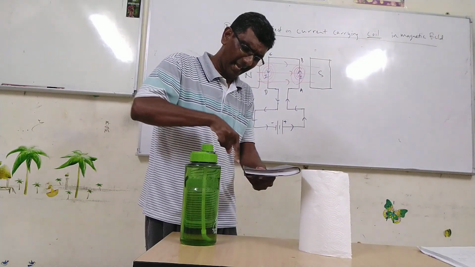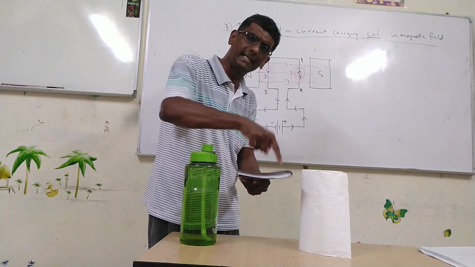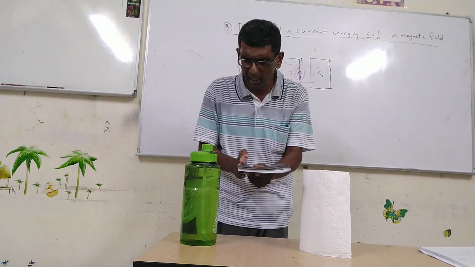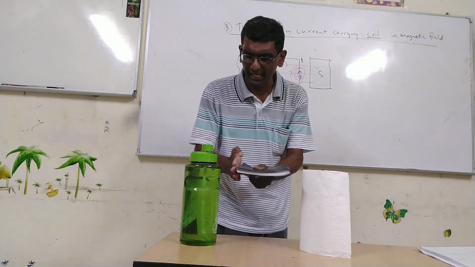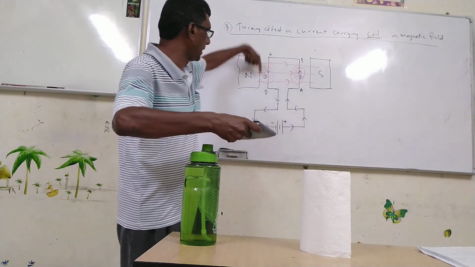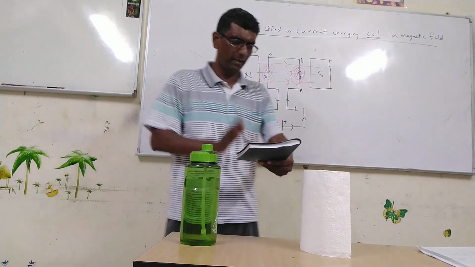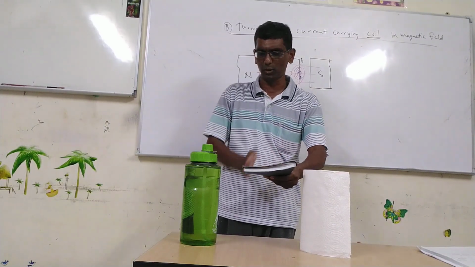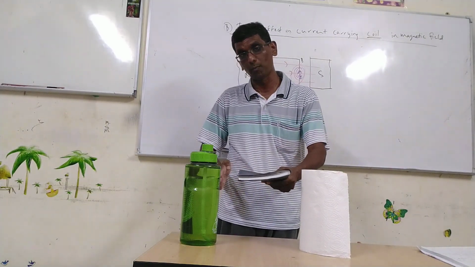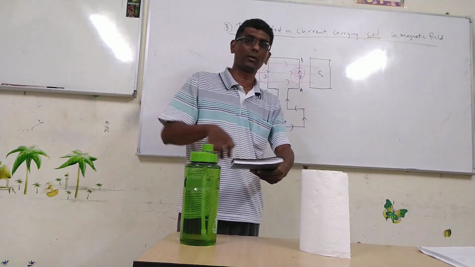The coil A, B, C, D: in AB the current is going in, and in CD the current is coming out. This is the positive battery on this side and the negative battery on this side, so current flows from the positive battery and comes out like this.